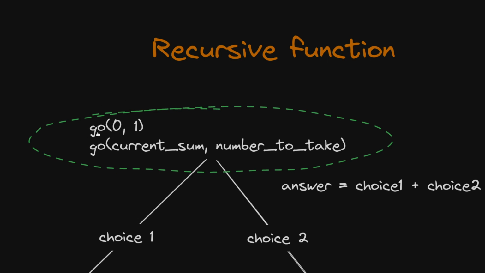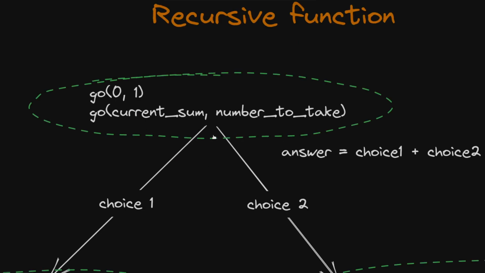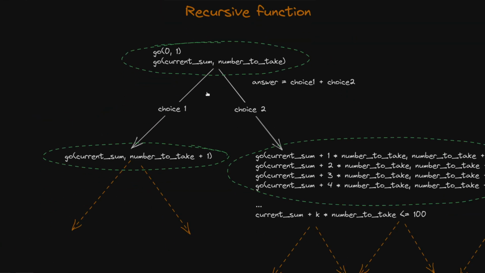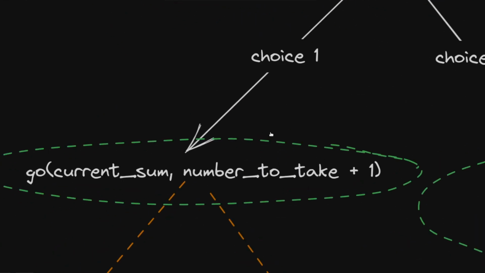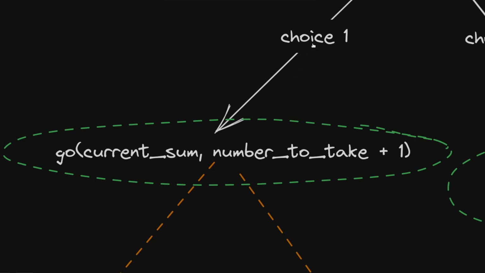The parameters represent the following. 0 represents the current sum that we have constructed until now. Initially it will be 0, and the other is the number that we are going to insert. First of all, we are going to start with 1, and at each step we are going to have basically 2 choices. Let's look at the first one. The first one is to not take the number that we want to insert.